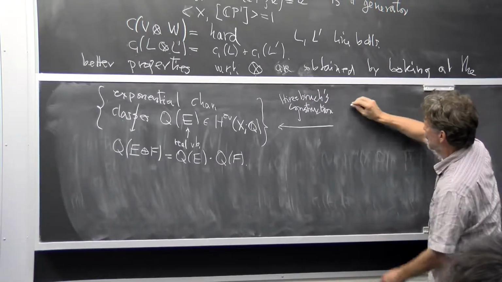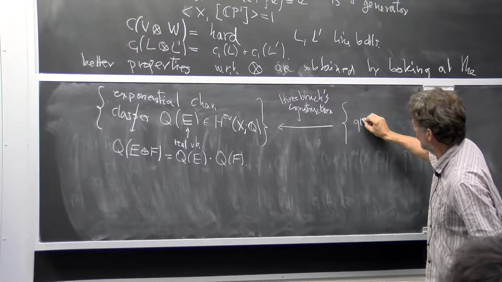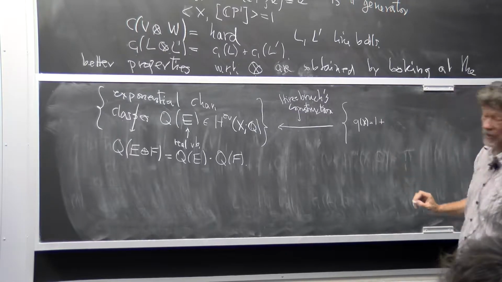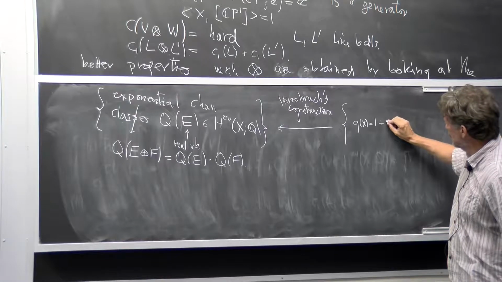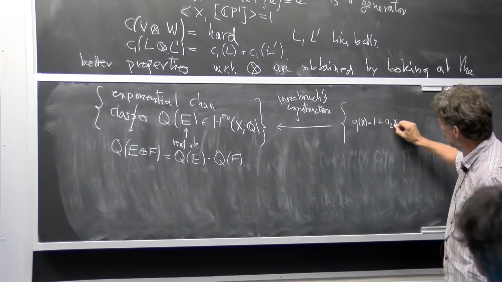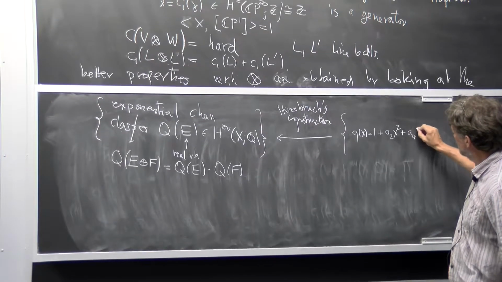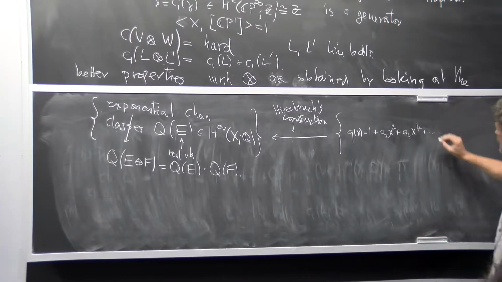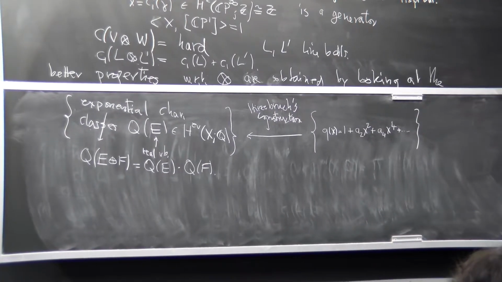And what he starts with is a power series that I call little q of x, which starts with 1. And it's an even power series, so there's no linear term. There's the first term involving an x squared, no cubic term. Look at power series like that.